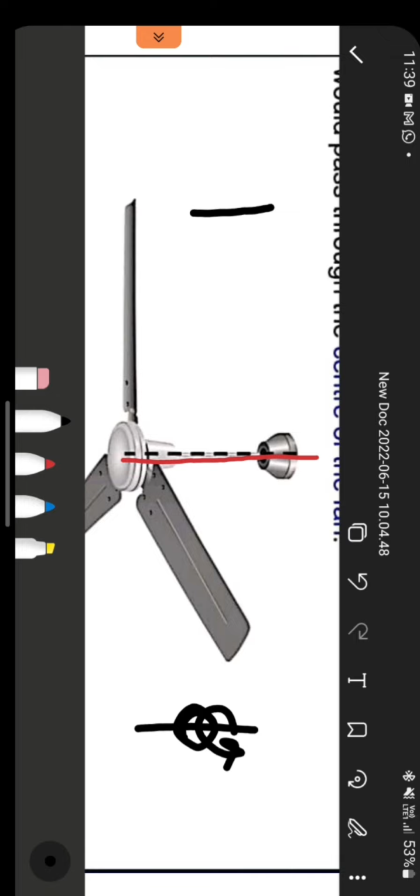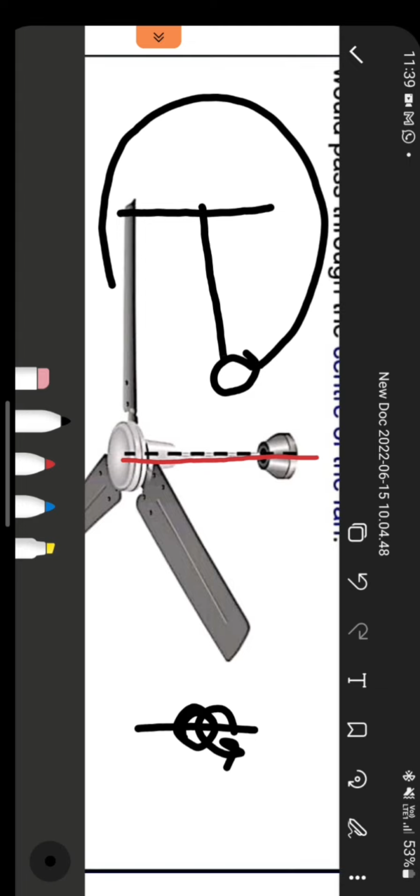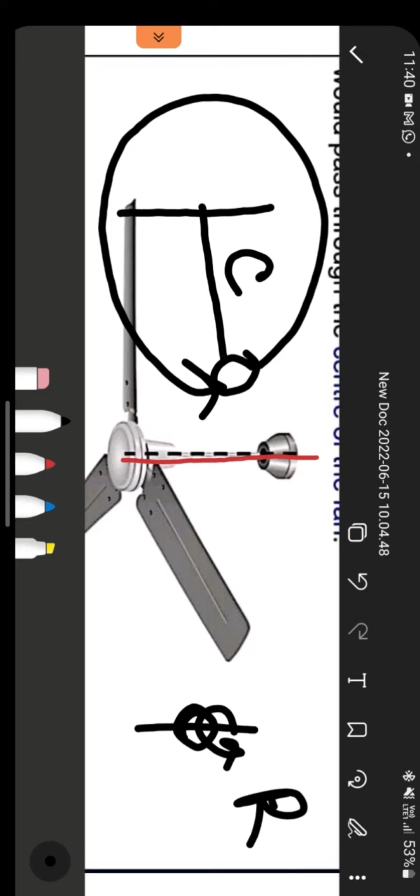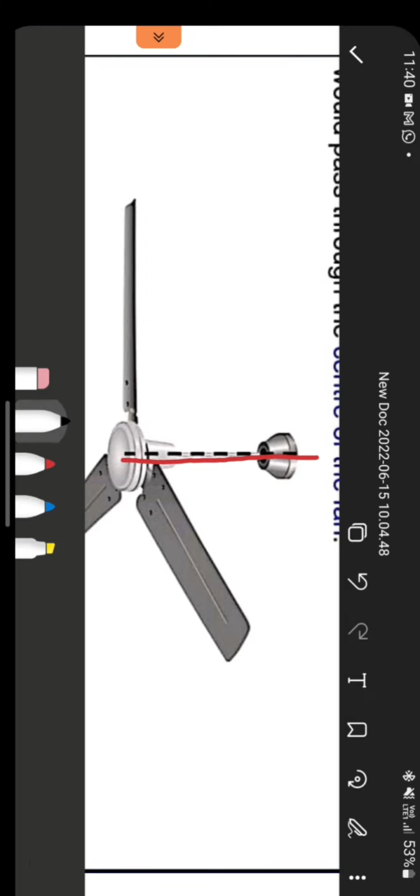But whenever the object moves a far distance away from the axis, then it is known as circular motion. This is the vital point: where circulation applies and where rotation applies. So remember these two things, circular motion and rotatory motion.